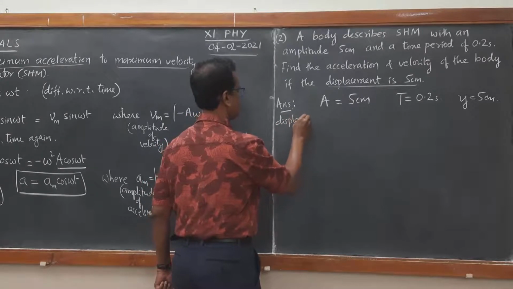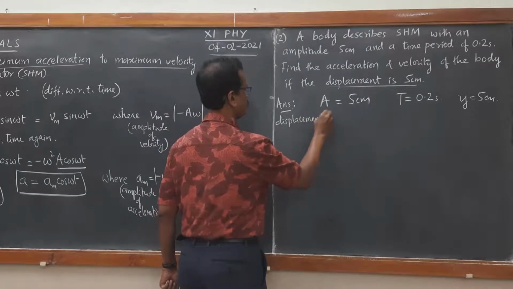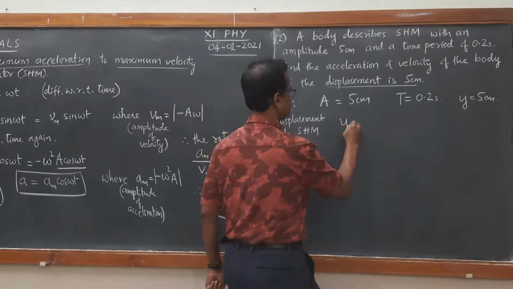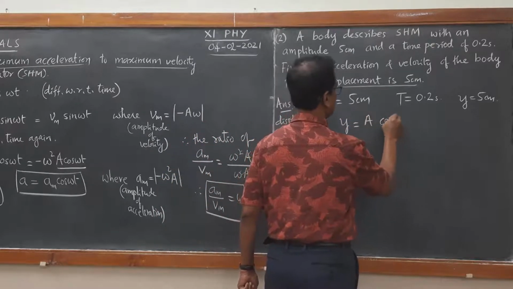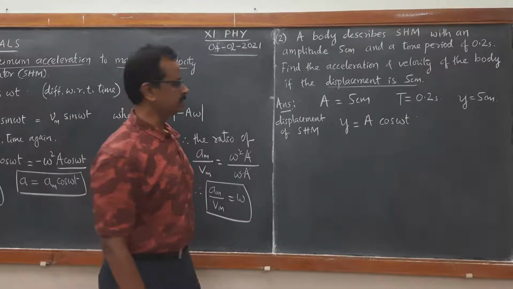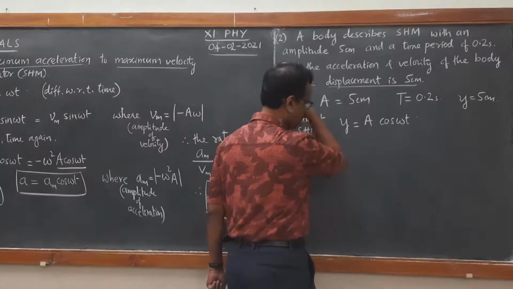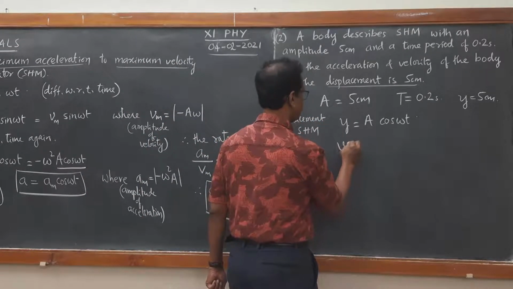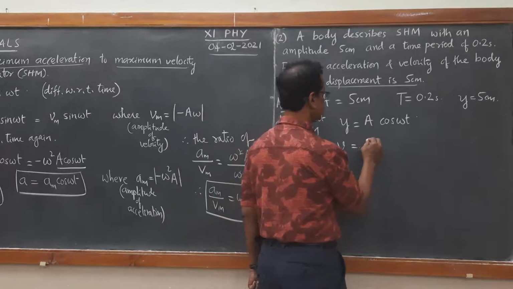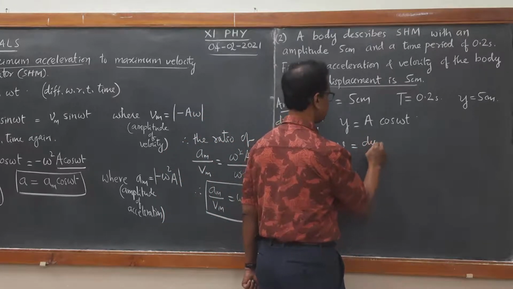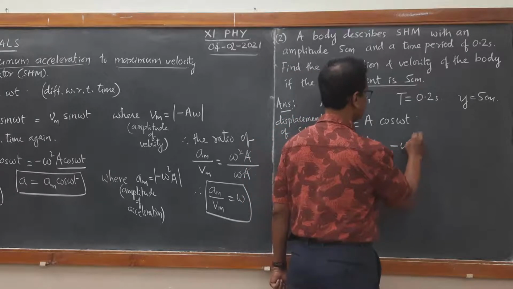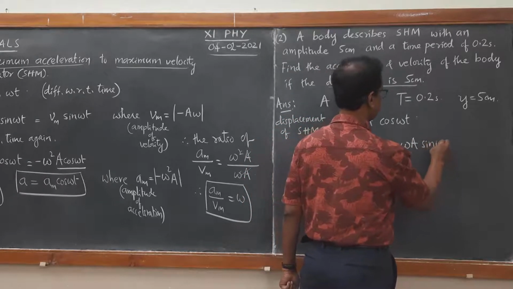Displacement of a simple harmonic motion, y is equal to a cos omega t. Then if you differentiate this, we get v equal to dy by dt, that gives us minus omega a sin omega t.